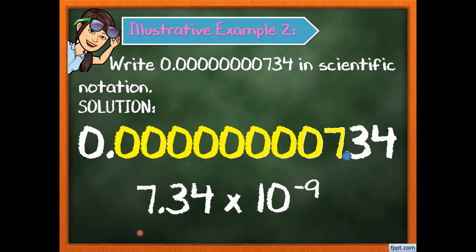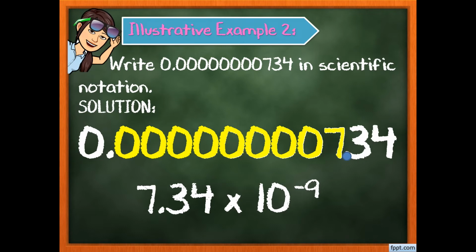So the answer is 7.34 times 10 raised to the negative 9. So this is how we write a standard number in scientific notation. Always remember that if we started out with a bigger number, our exponent is a positive number. And if you started out with a smaller number, your exponent is a negative number.